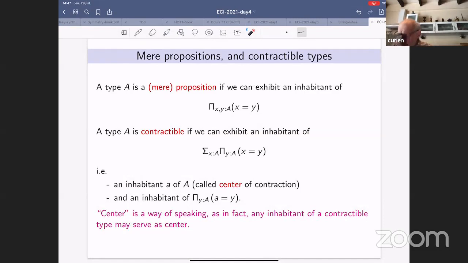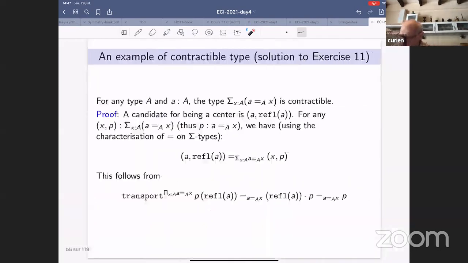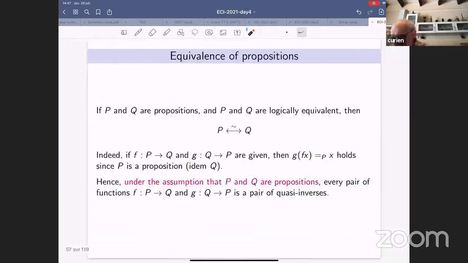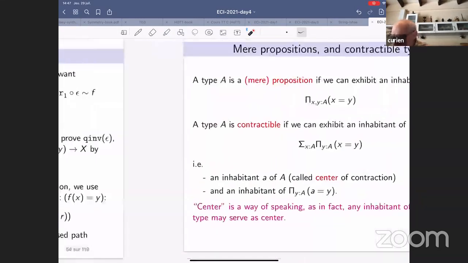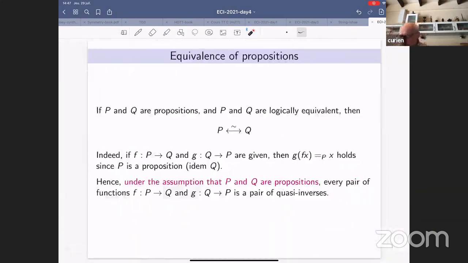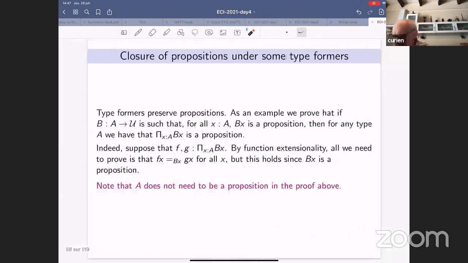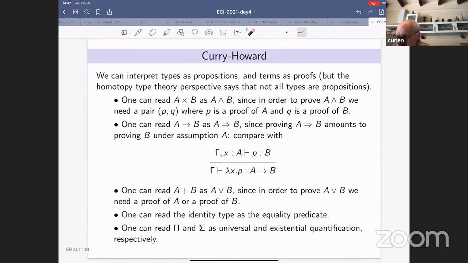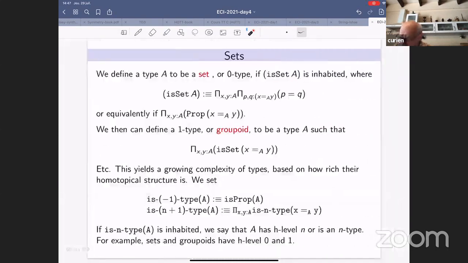I spent a lot of time discussing the notion of proposition, the notion of contractible type, and then the notion of equivalence, the relation between being equivalent and being logically equivalent. Then I discussed the notion of set, and also a whole hierarchy of types that have more and more higher structure. This led me to the notion of h-level or n-type.